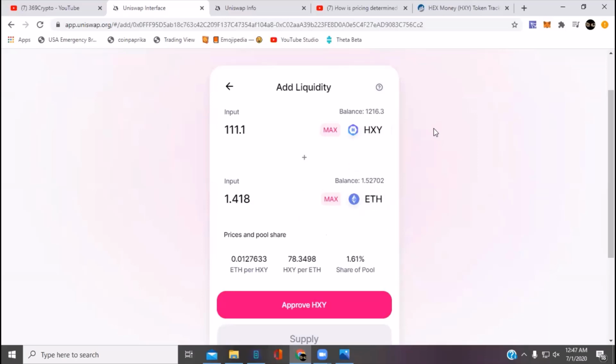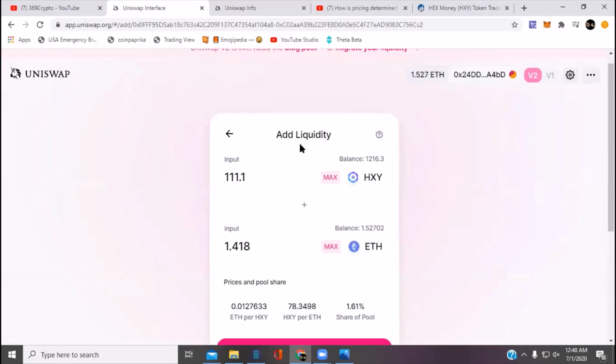If you were to do this, I'm not recommending this because I'm not a financial advisor. I'm not giving advice. This is what I'm doing. If I screw it up, don't do what I do. If it looks good to you and it works, do it. I don't care, but hopefully I don't screw it up because it's a decent transaction here. So this value of Hexy is reflected equally in the value of ETH at the current price on Uniswap.